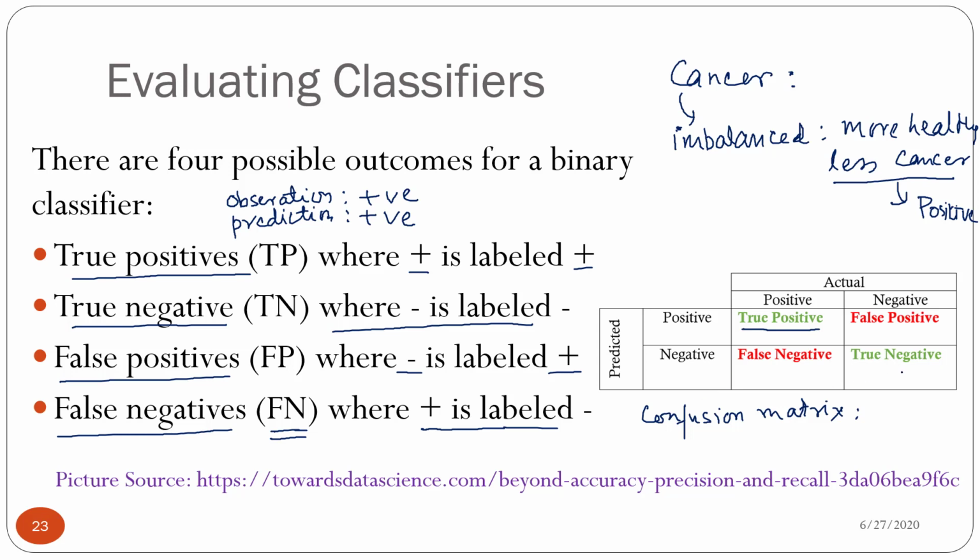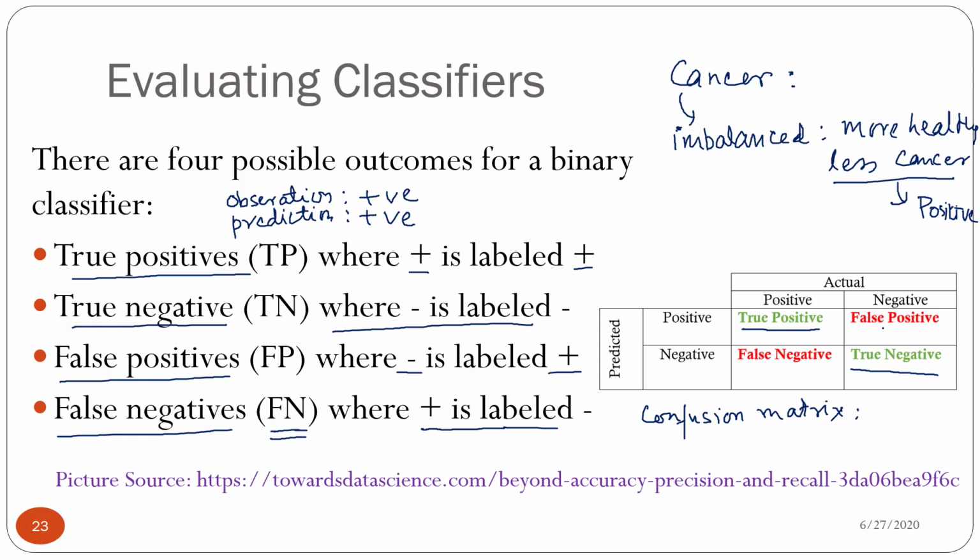True negative means the number of samples which were predicted as negative and were actually negative as well. That's the reason this is in green, which is a positive thing about our classifier. The classifier is finding negative cases as negatives, correctly identifying negative cases. So true positive, true negative.